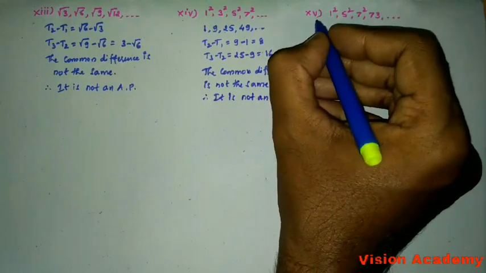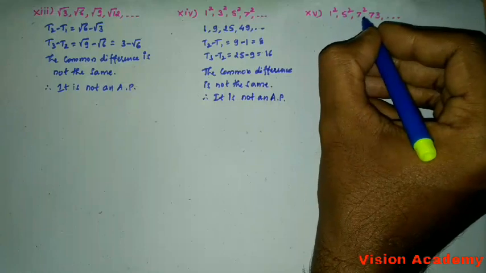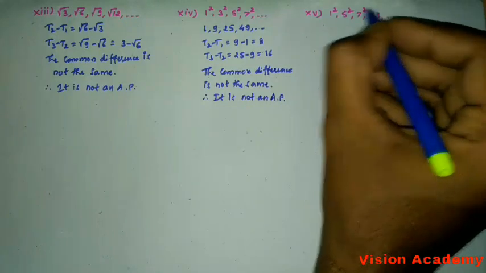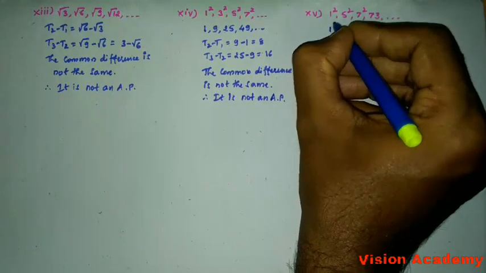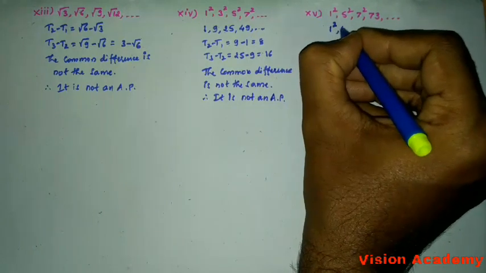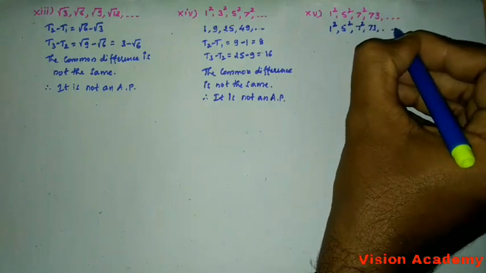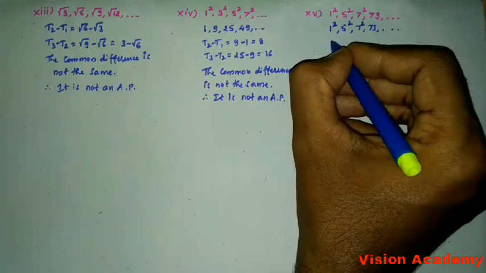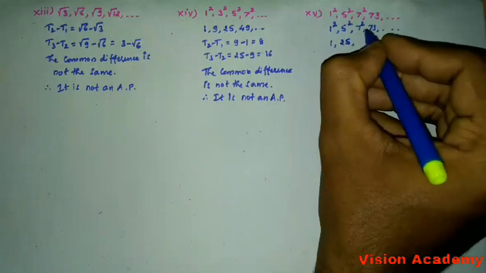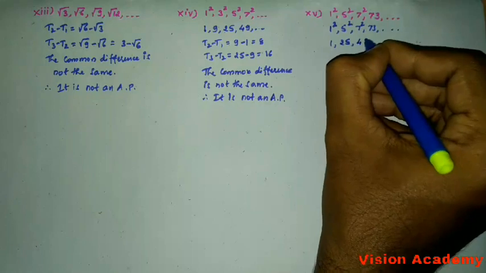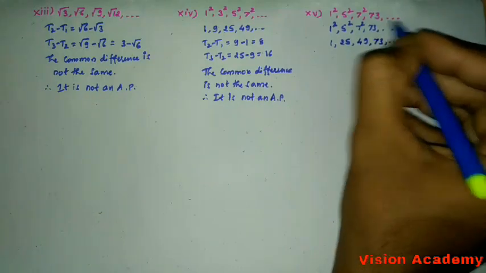So let us move on to the 15th question. 1 square, 5 square, 7 square, 73 and so on. So this can be written as 1, 5 square is 25, 7 square is 49, 73 and so on.